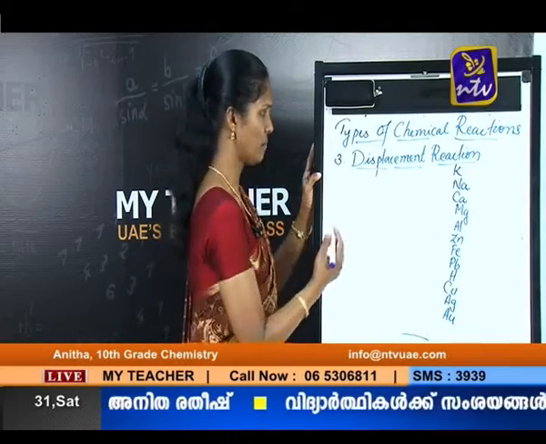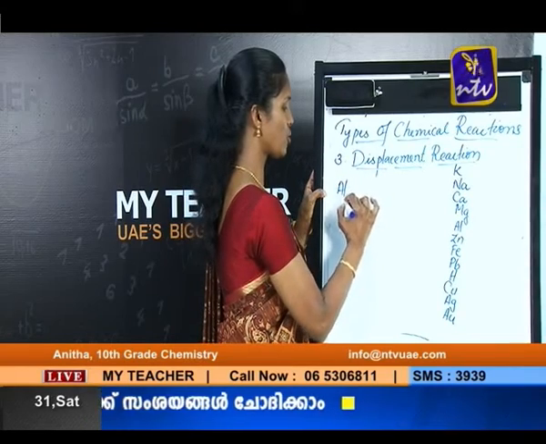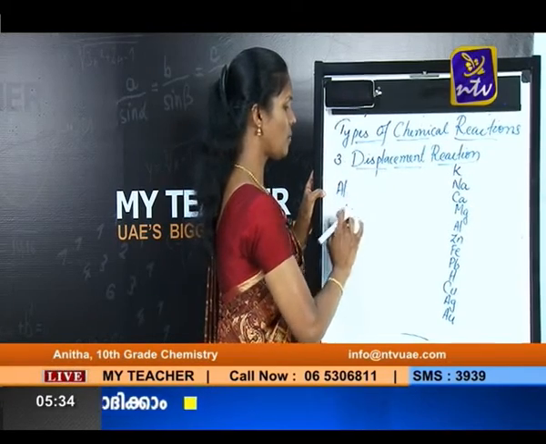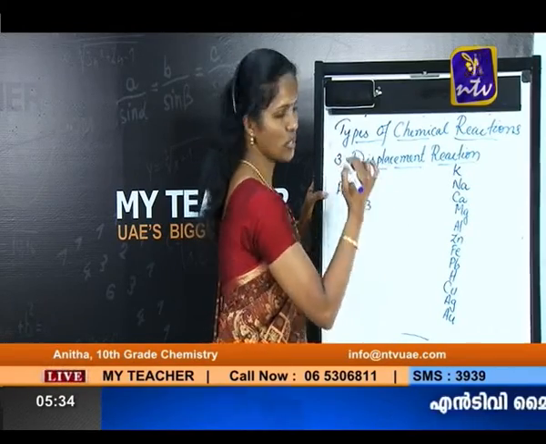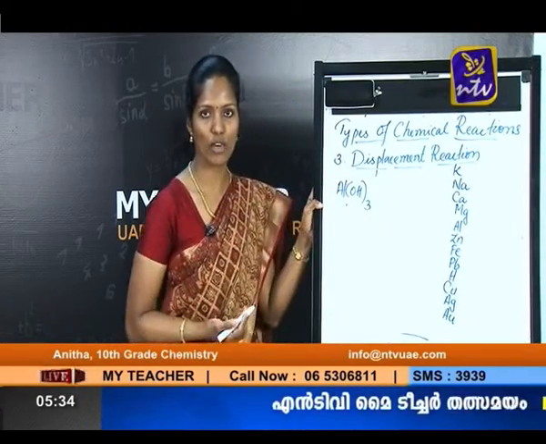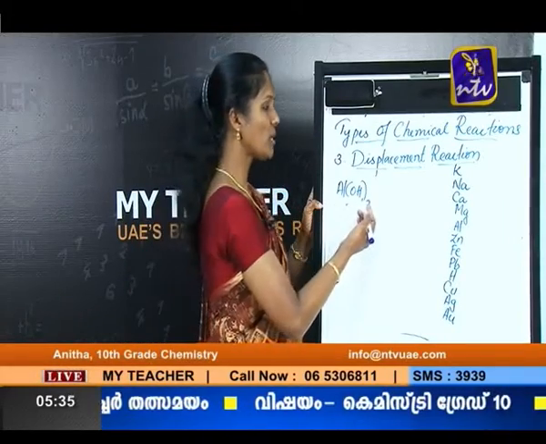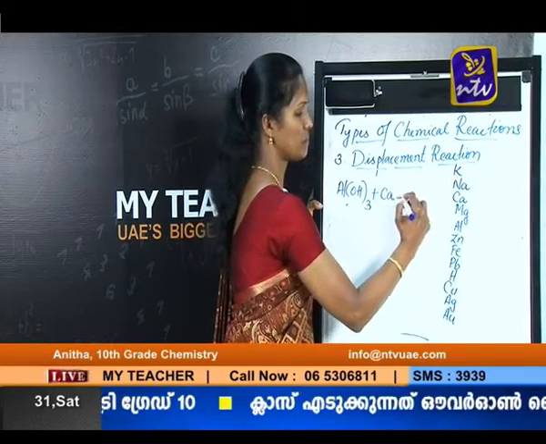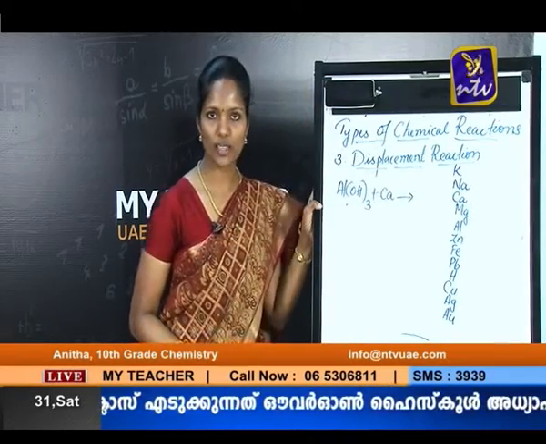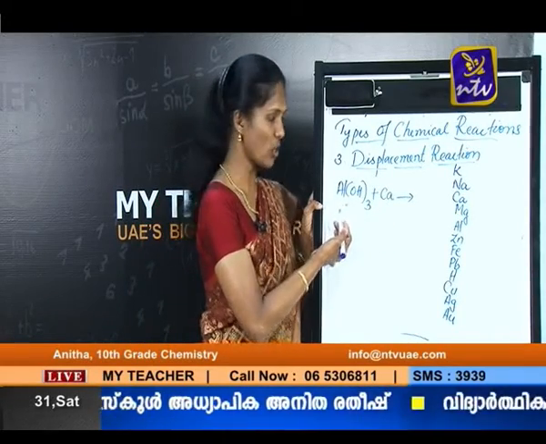I will explain with an example. Aluminum hydroxide, I am writing, Al(OH)3. This is the formula of aluminum hydroxide. Aluminum hydroxide is reacting with calcium. Okay, this is the equation. So, calcium is reacting with aluminum hydroxide.